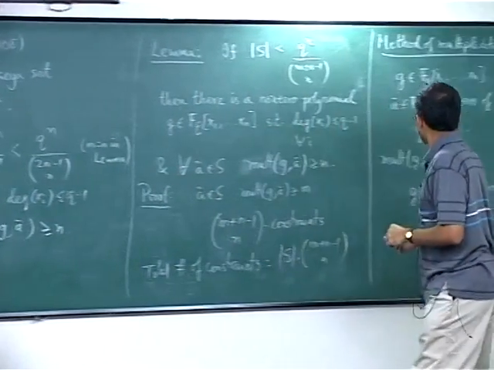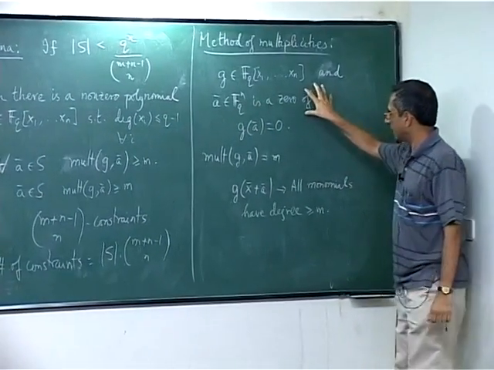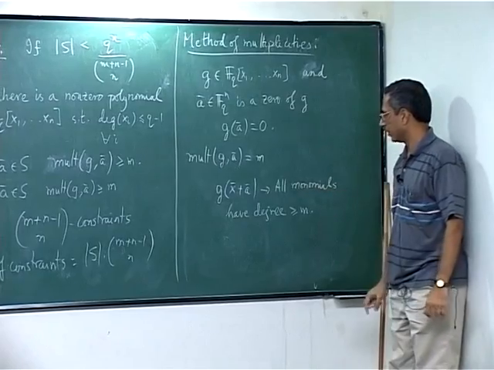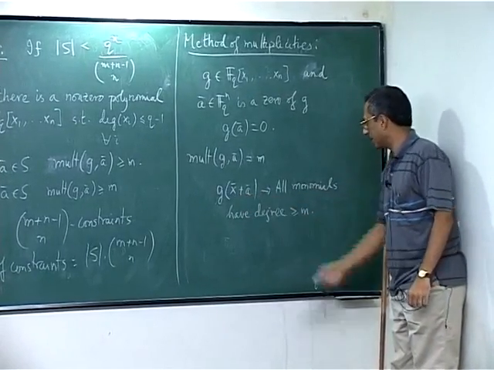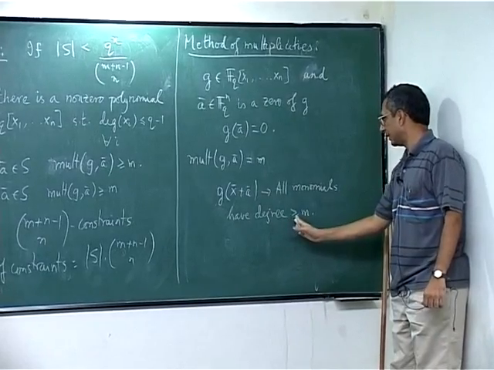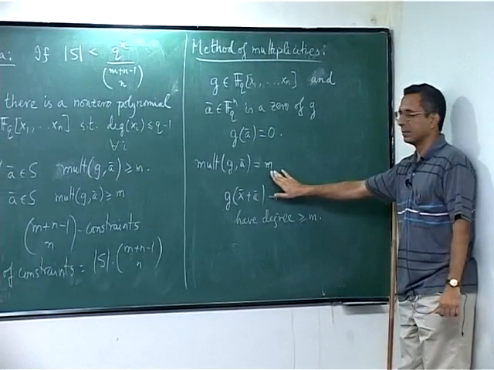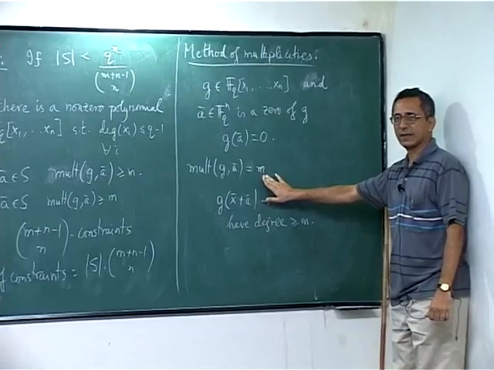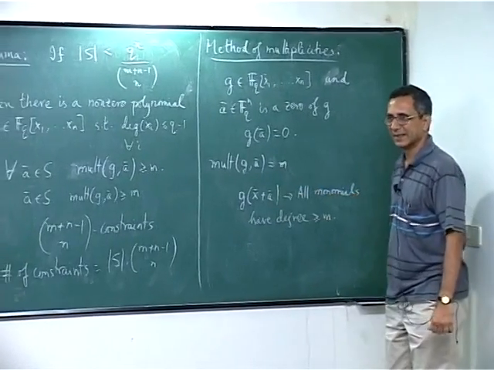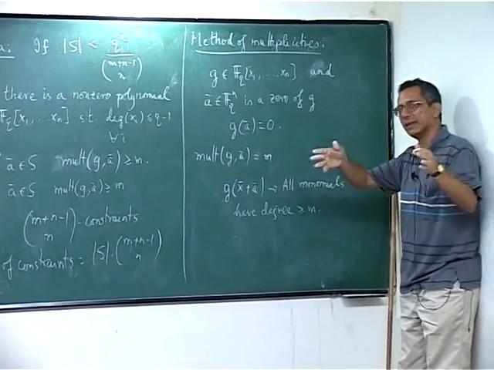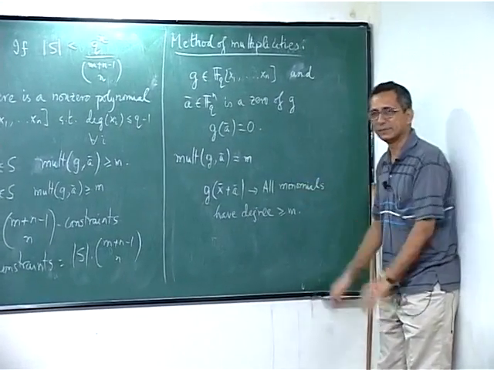We defined the multiplicity of a 0 in a multivariate polynomial. You consider g of x bar plus a bar, and if all monomials are of degree at least m, you say that the multiplicity is m. The largest m with this property is the multiplicity. So there is a monomial of degree m, and nothing less than m.